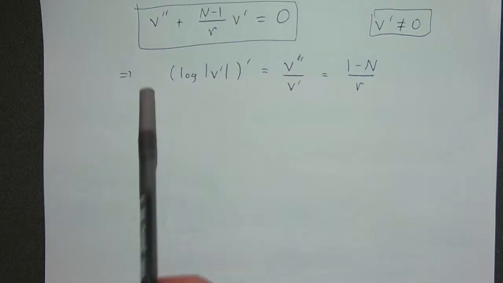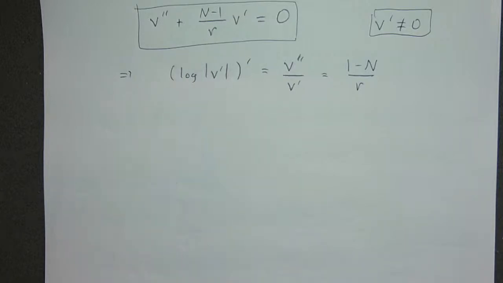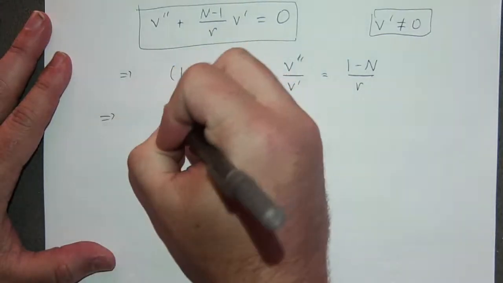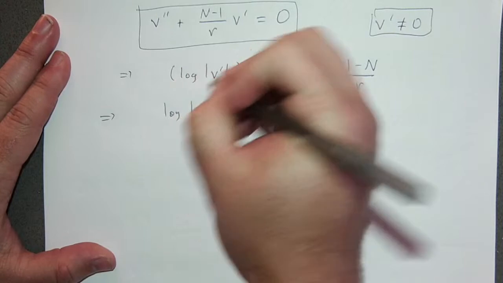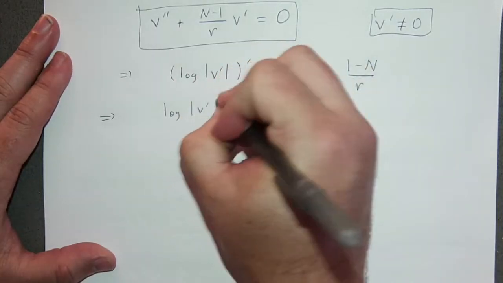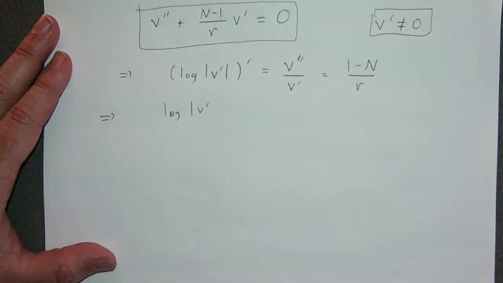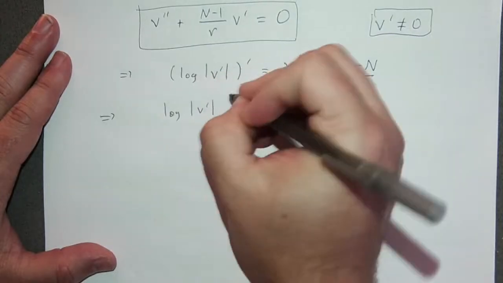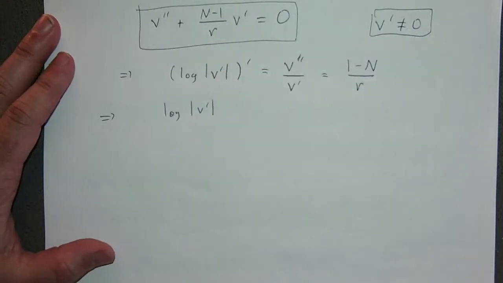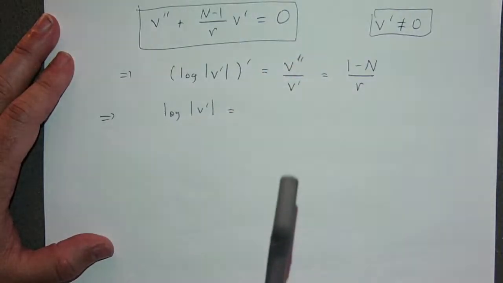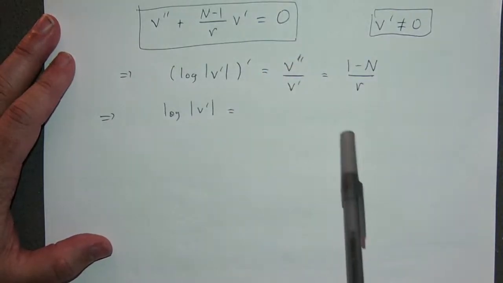So why would I want to rewrite it like this, where I'm taking a derivative on the left-hand side? Well, now I can integrate both sides with respect to r. So this is log of absolute value of v prime is, how do I rewrite this?